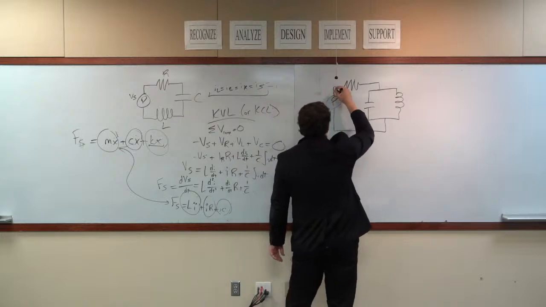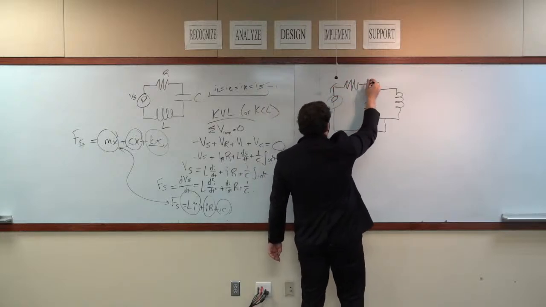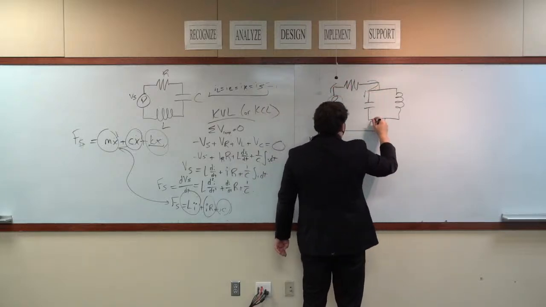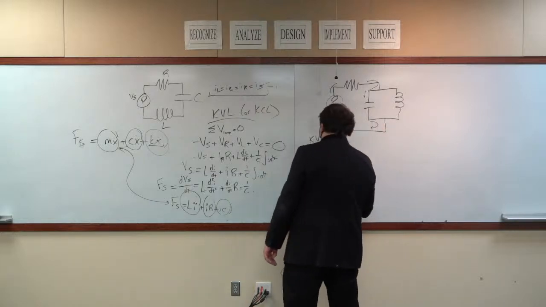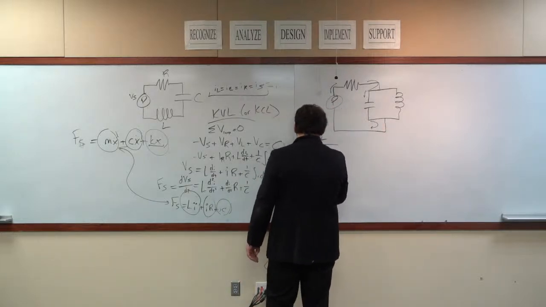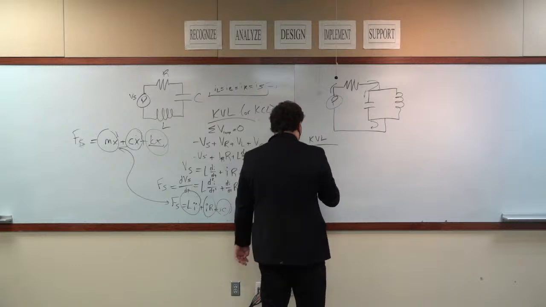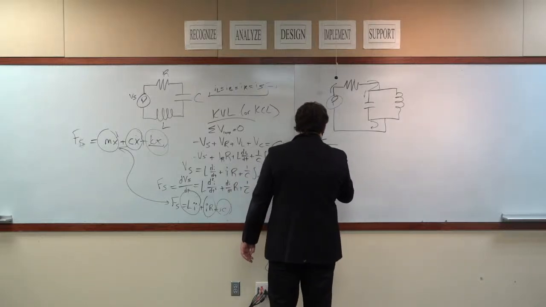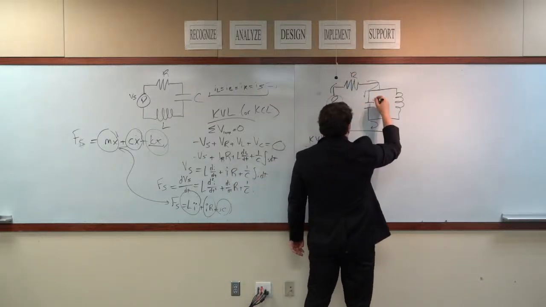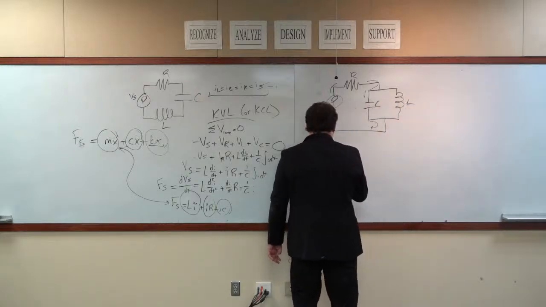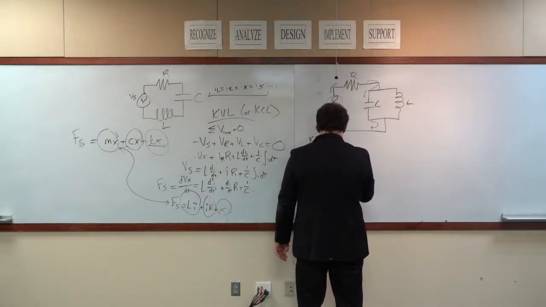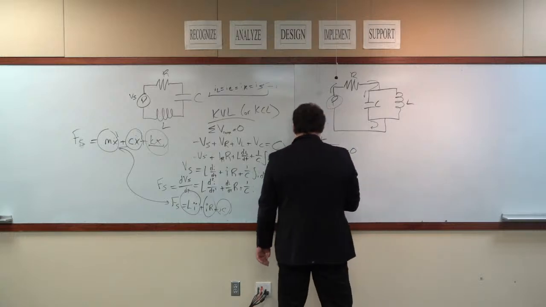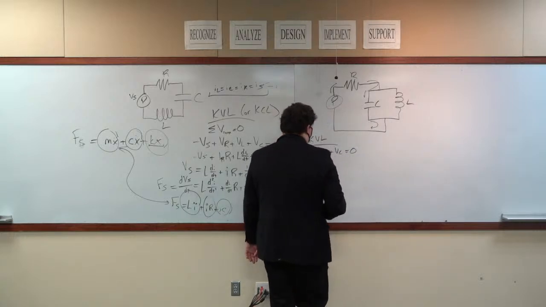This loop one goes up like this, goes down like this, and then goes across like this. So we have Vs, which is negative, plus Vr, plus Vc equals 0. That is equation 1 from KVL.